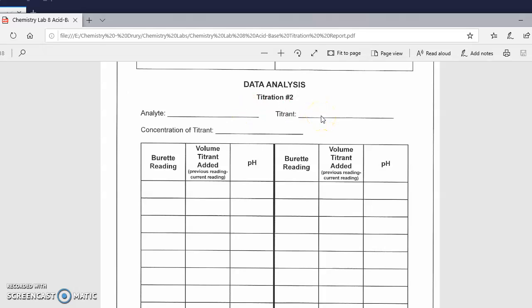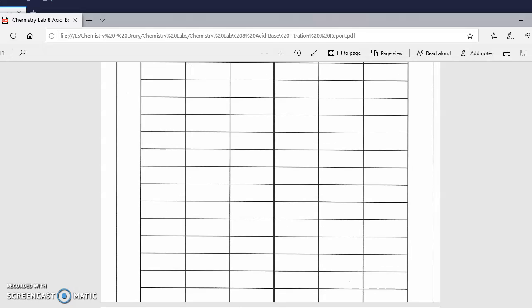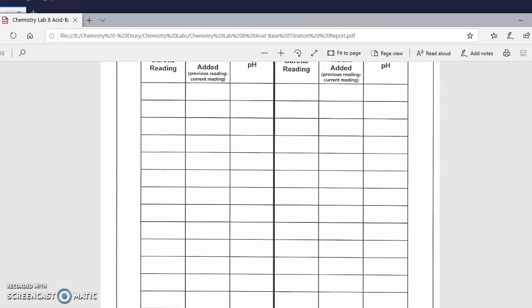And for the titrant, we're going to have sodium hydroxide again, only here it's going to be 0.1 molar instead of the 0.5 we had before, so 0.1 here. Now I've got several more values here, because this type of curve has a lot more changes in it as we go through these.